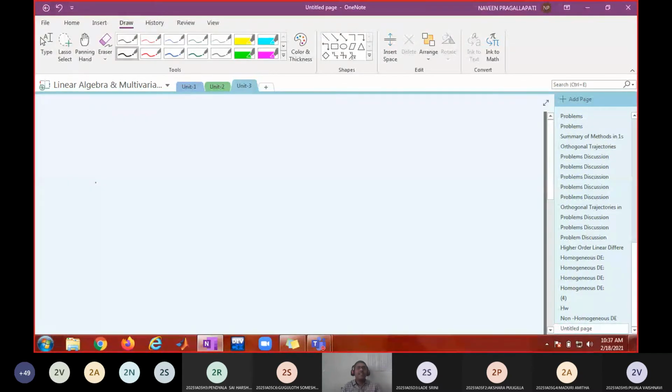Okay, so there are different types of finding the particular integral. We'll be seeing them one by one. Type 1: 1 by D minus a into Q of x.